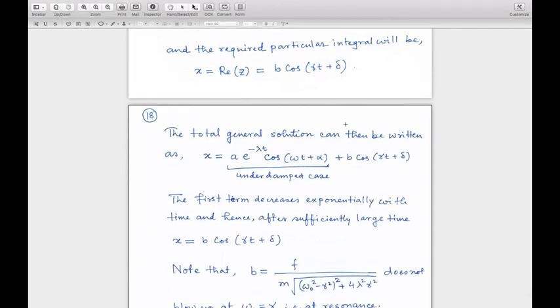Now the total general solution can then be written as the case without forcing plus the particular integral for the forcing.